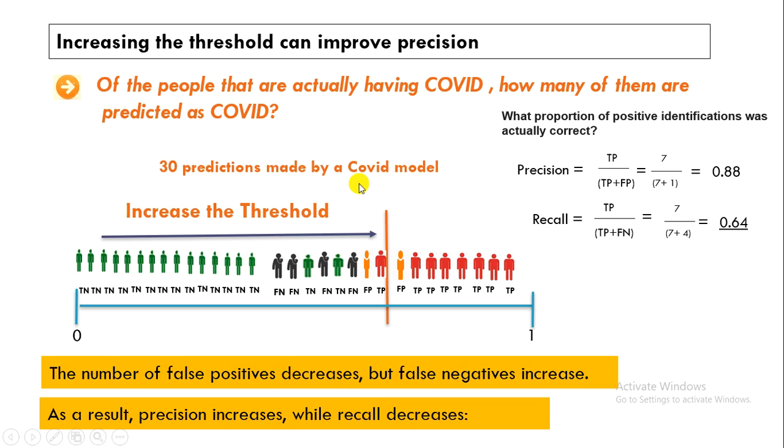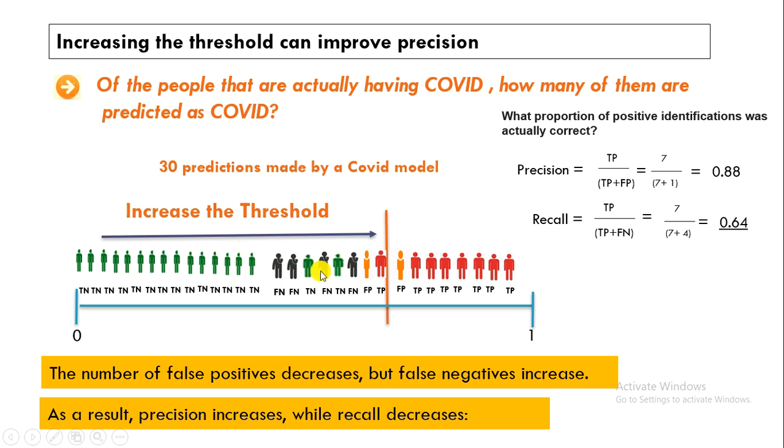Since we increase the threshold compared to scenario 2, the precision increases whereas the recall decreases, and also the false negative increases and false positive decreases. So why does the false negative increase? Because anything less than this threshold value, we consider as non-COVID people.